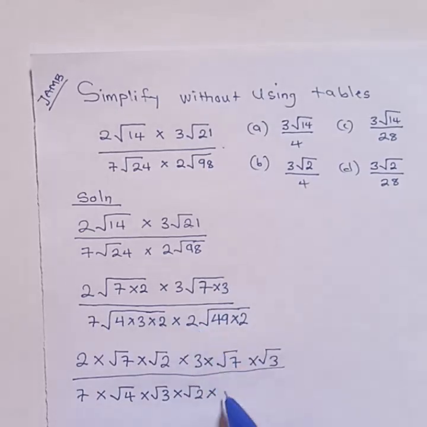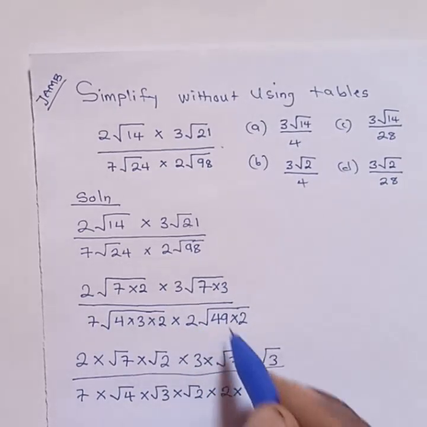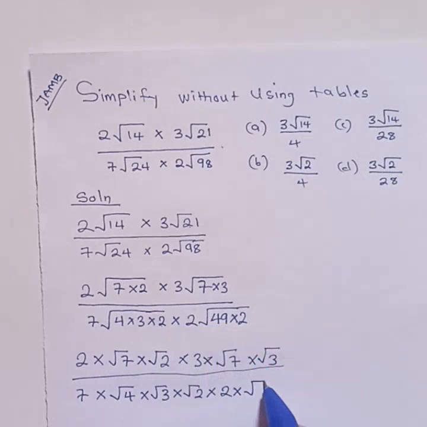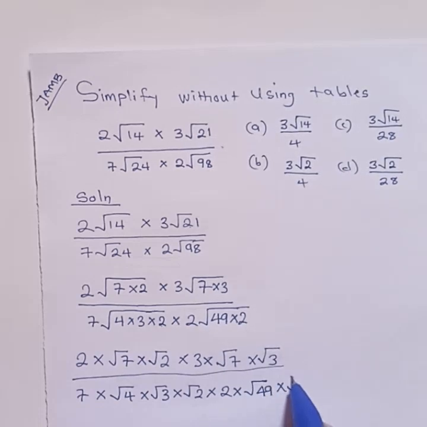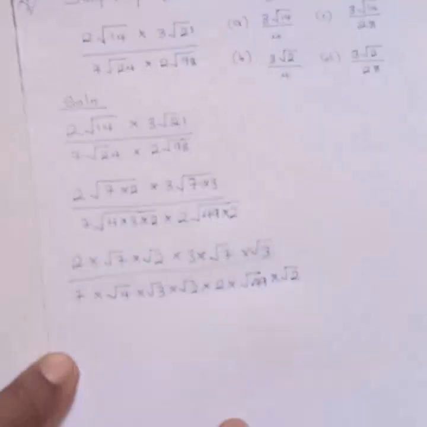Then multiplied by 2 times square root of 49 times square root of 2.